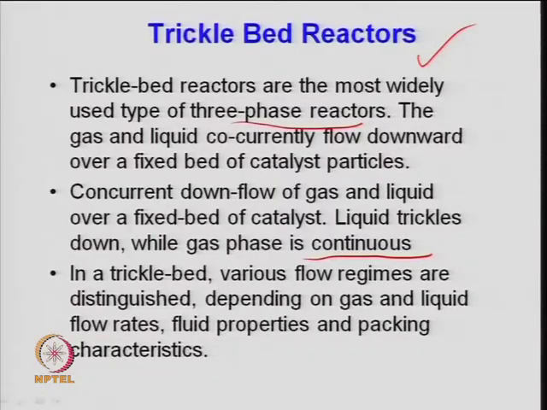So, generally in a trickle bed reactor, the various flow regimes that I discussed will depend upon gas and liquid flow rates, fluid property and packing characteristic. So, the viscosity of the liquid is very important, gas properties are important, Reynolds number will be important. So, we have to identify some dimensionless numbers, or correlate the flow property and pressure drop in the reactor, and how to get a good contact between gas and solid.